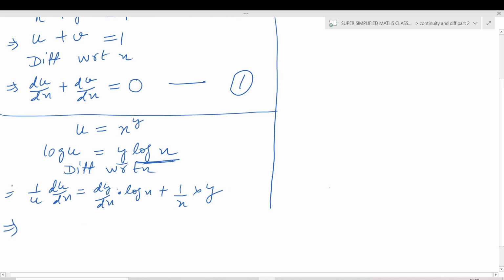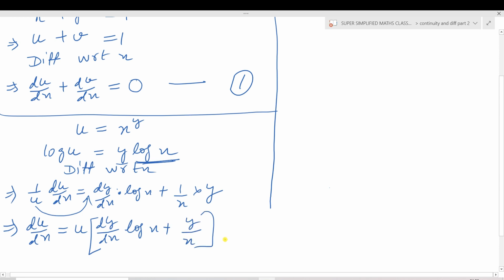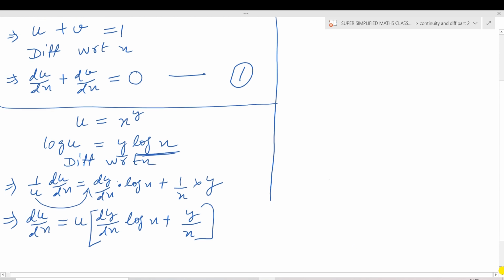So we get du by dx is equal to, we cross multiply this u here, u into dy by dx log x plus y by x, and we substitute finally the value of u.